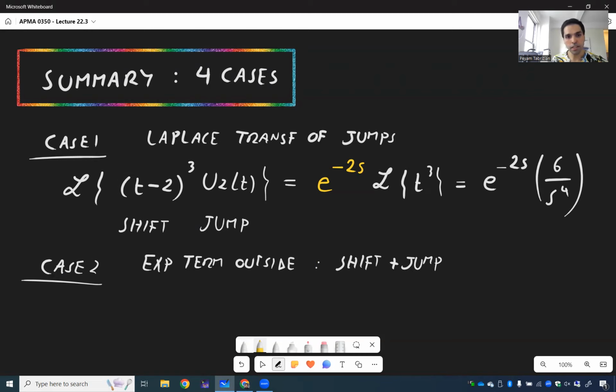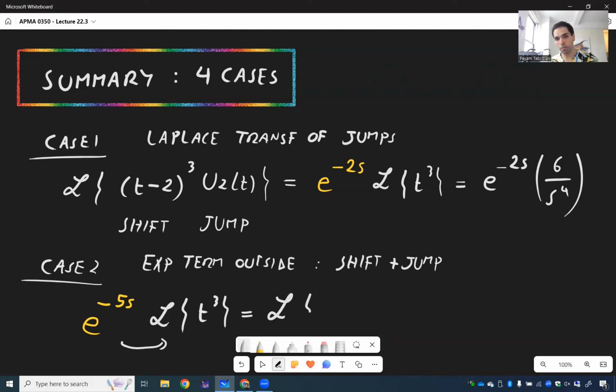So for instance, if you have, let's say, e to the minus 5s, and then Laplace transform of t cubed, and you want to put it inside, that's when you do a shift and a jump. So this becomes Laplace transform of (t minus 5) cubed, and then u5 of t. That's sort of what we did in the last lecture.